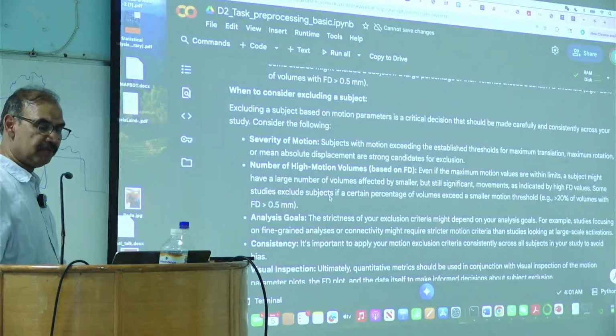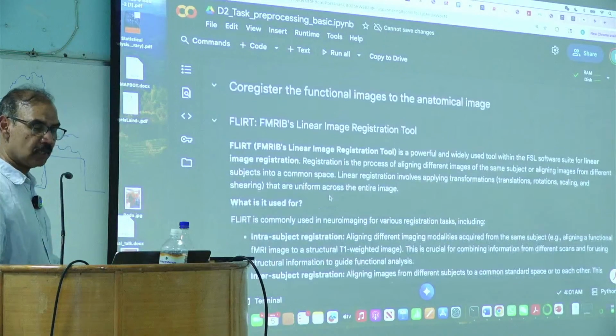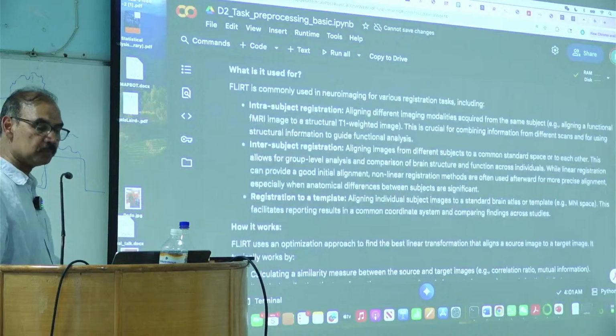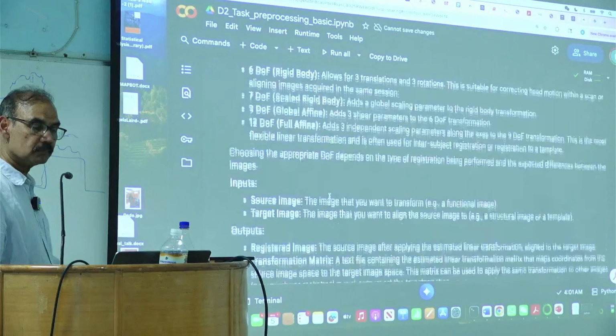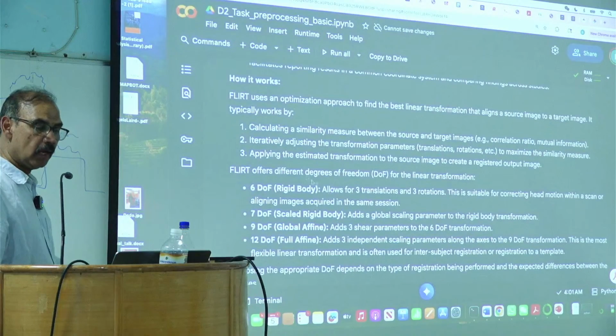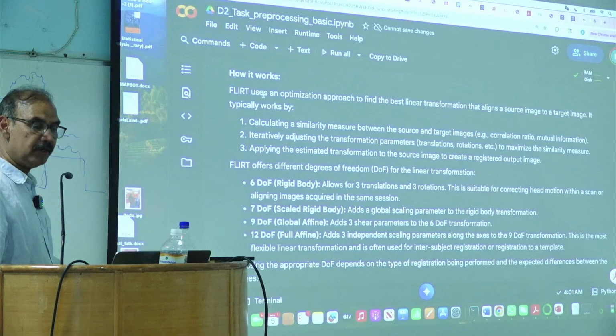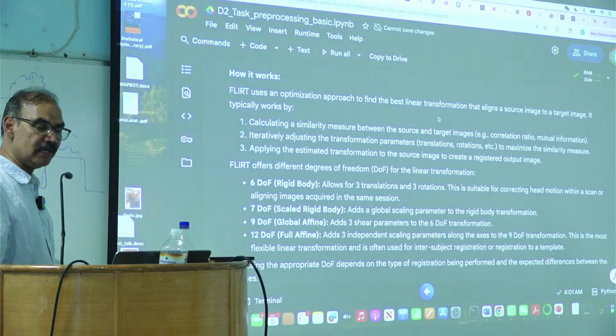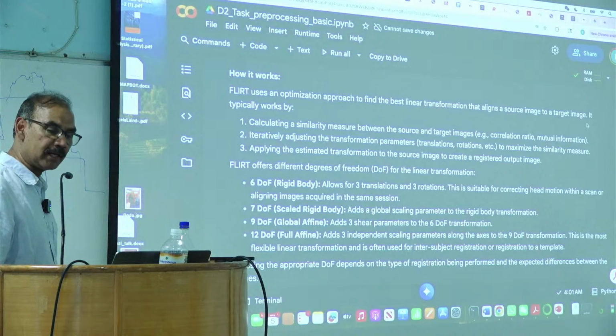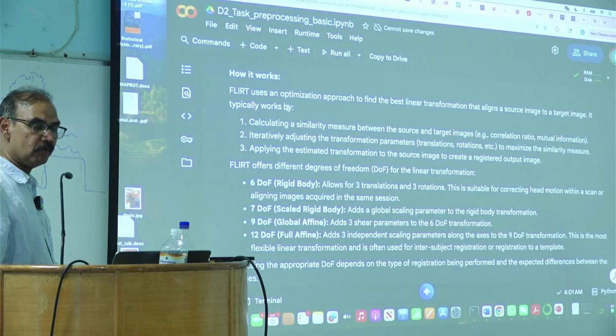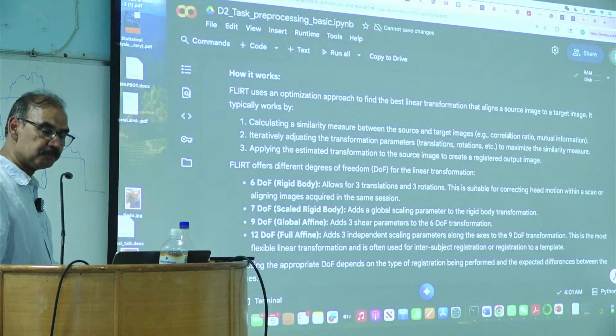Again, these are the different motion parameters that you can try. So basically, McFlirt uses an optimization approach to find the best linear transformation that aligns a source image to a target image. It typically works by calculating a similarity measure between the source and target image.